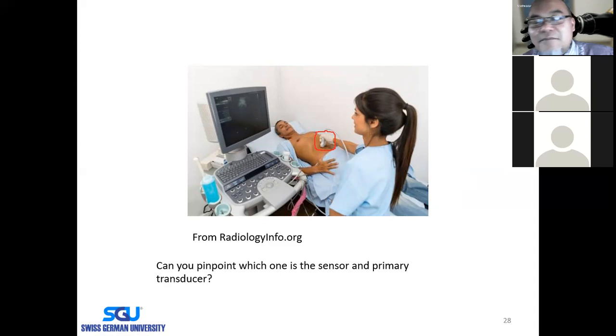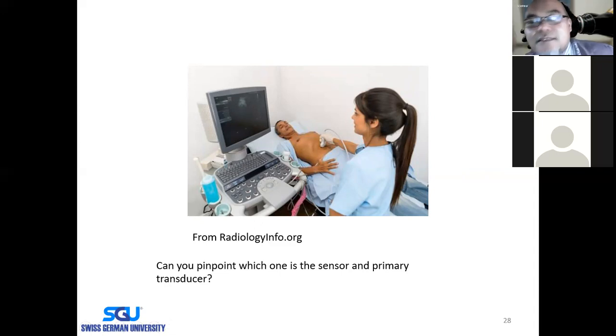That is the sensor and the primary transducer of this ultrasonography system, the USG system. In that sensor, there is a piezoelectric transducer. It is basically an active sensor, an active system. First, it transduces an electric signal into an ultrasonic wave projected into the body, and then the scattering of the ultrasonic wave by the structure of the body is reflected and captured by the same transducer but a different part of the transducer.